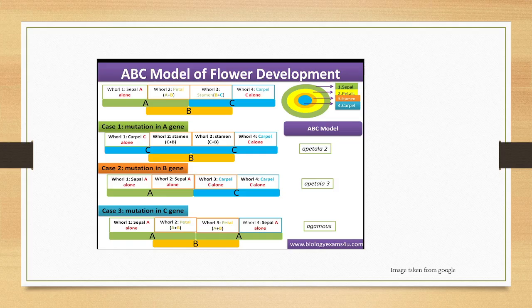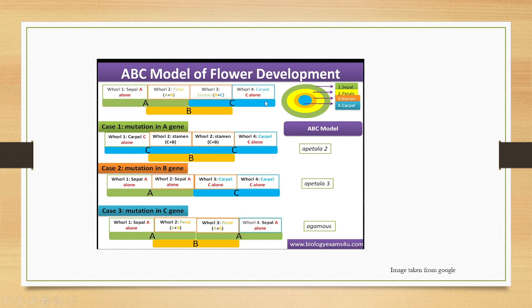In normal condition, sepal is formed when only gene A is expressed. For the formation of sepals, only A gene is required. For the formation of petals, both A and B genes are required. For the third whorl, which is stamen, both B and C are required, whereas carpel is formed only by C alone.